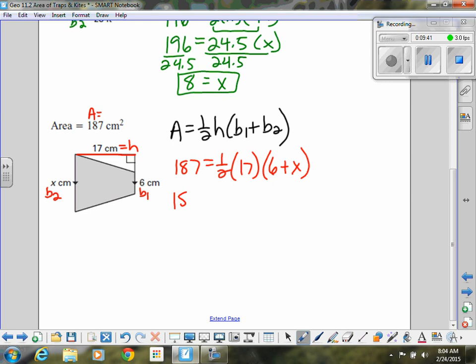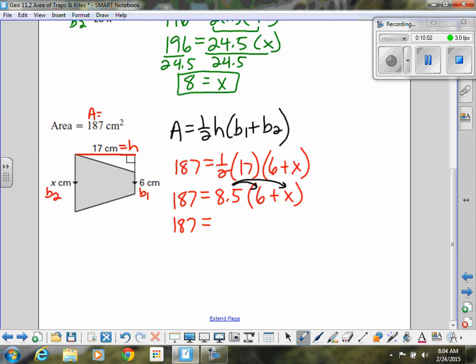So if I simplify that, I'm going to do 1/2 times 17, which is 8.5. And then I have 6 plus x. And now I'm going to distribute the 8.5 to those parentheses. You could also divide the 8.5 at this point if you wanted to.